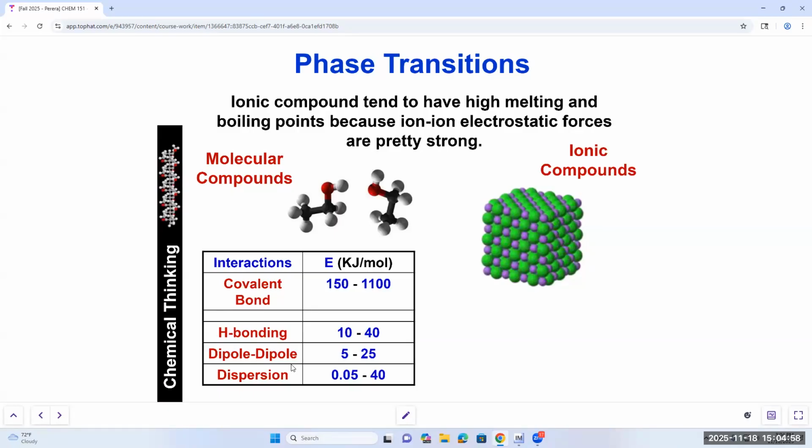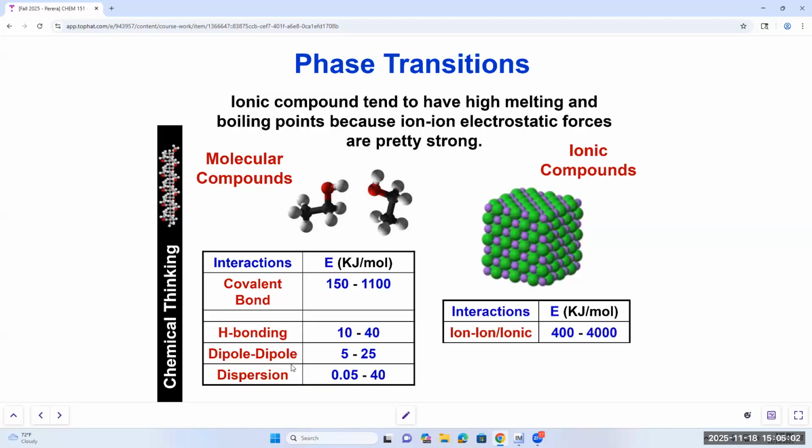But when it comes to ionic compounds, the ionic force can range from 400 to 4000 kilojoules per mole. They are extremely strong compared to even some of the covalent bonds. Okay. As a result of that, the melting temperatures we are talking about here are really, really high. I'll give you an example. What's the boiling point of water?